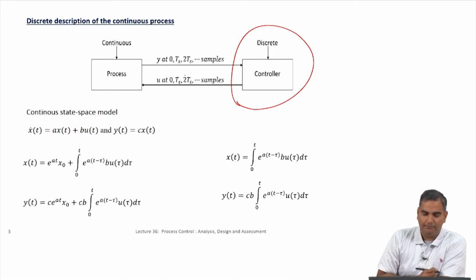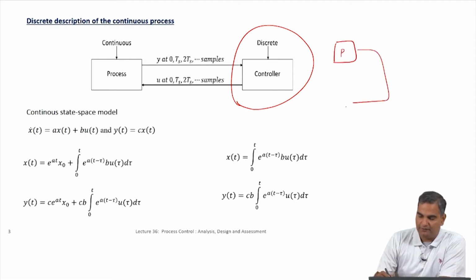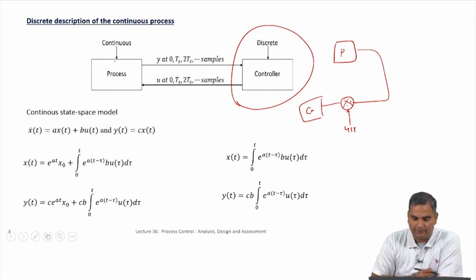In a continuous controller, I have this process which gave me y values, which I compared with a set point, and I sent it to a controller. So, this continuous variable value is going into a controller, whereas here the process is still continuous.